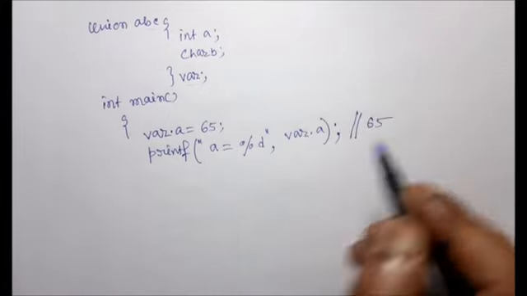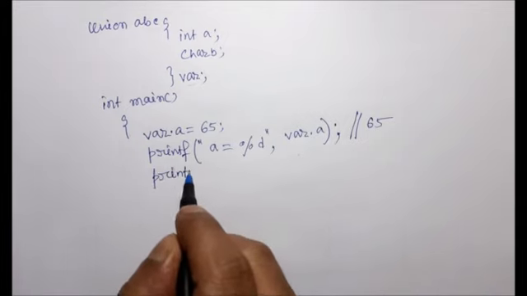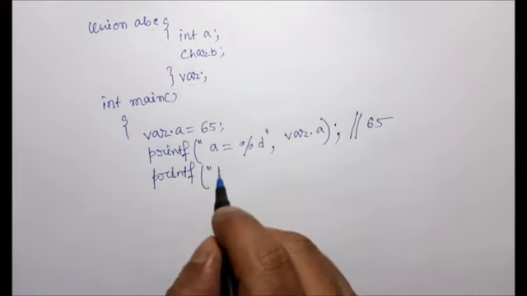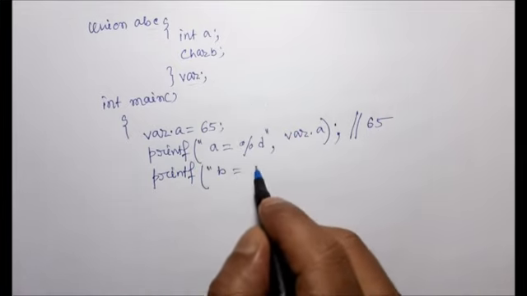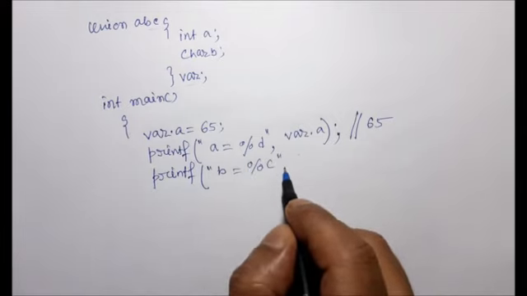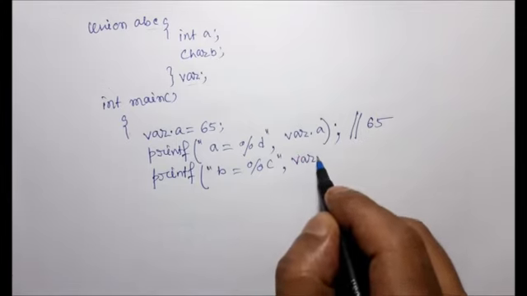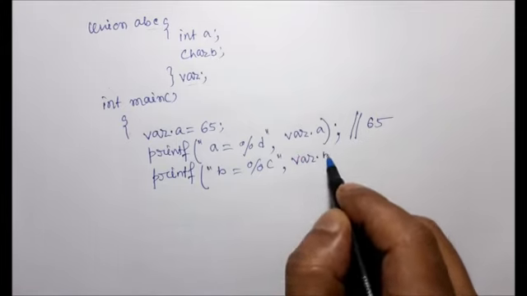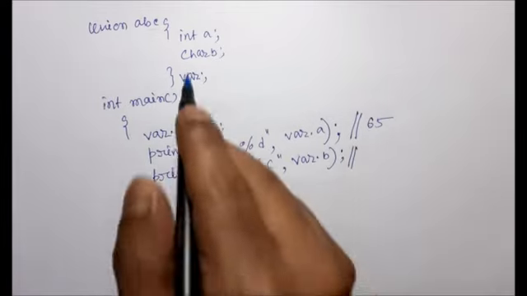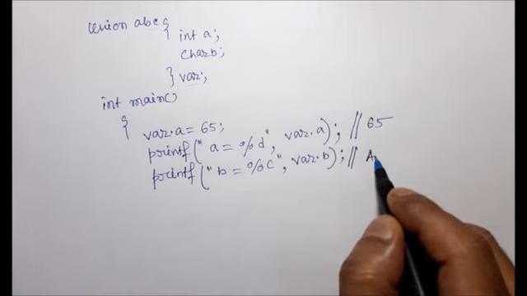And if I print my other member, b, which is a character, I use percent c as the format specifier, var dot b. So what will be the output? The output is capital A.